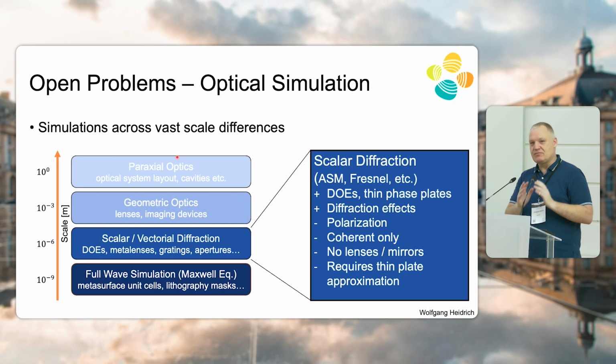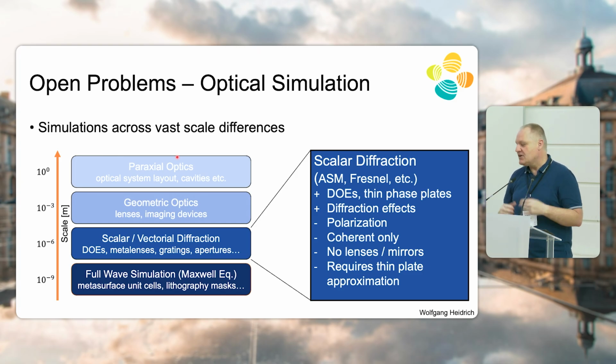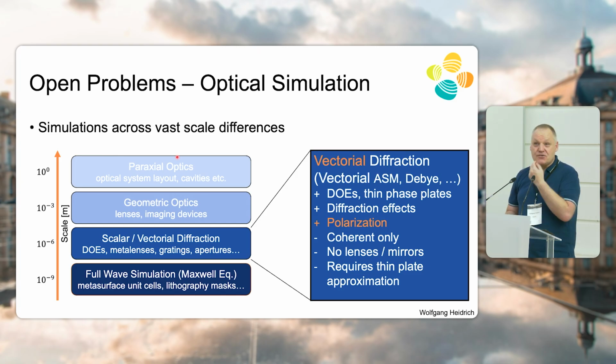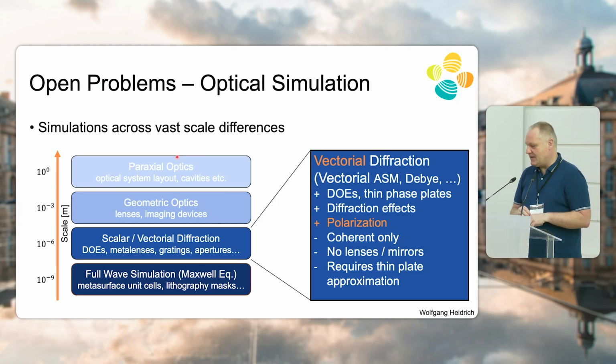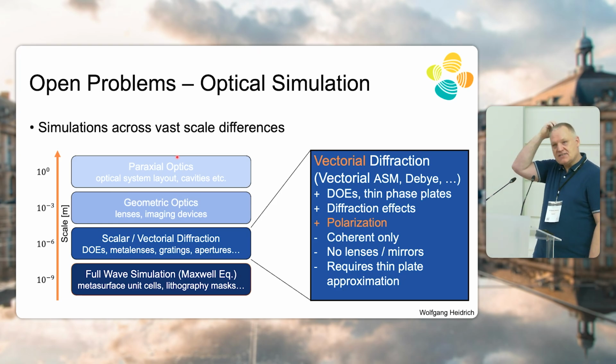So you really cannot separate the two things. So people upgraded to vectorial diffraction. Now you basically have vectorial versions of ASM, the Debye integral, all these other kinds of models. One problem with these diffraction models is they're actually coherent light only, right?